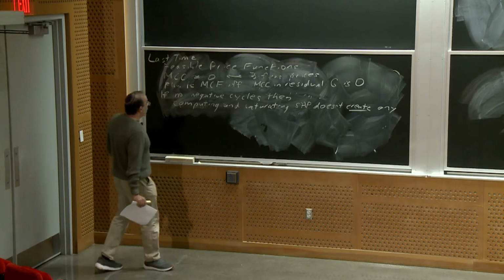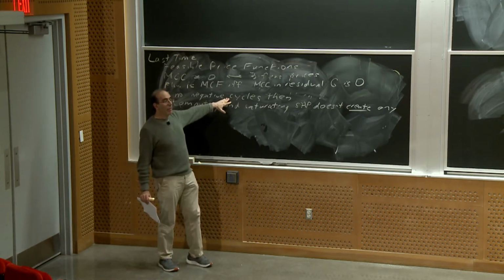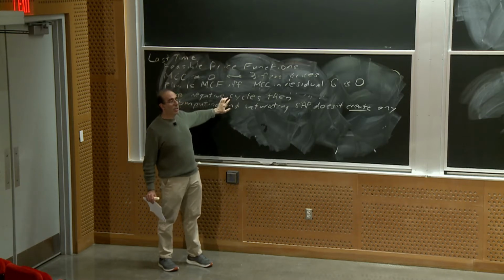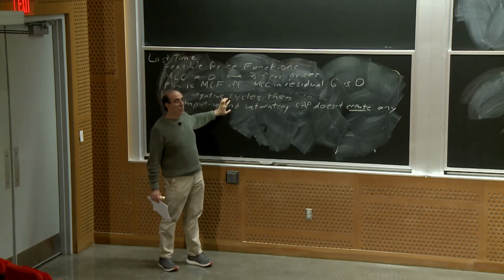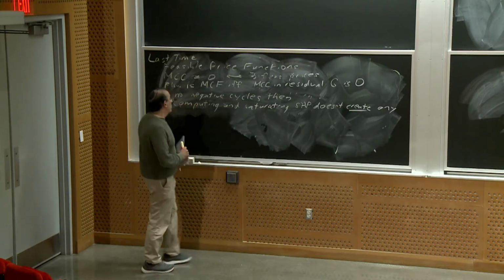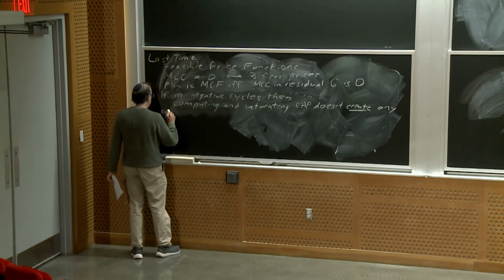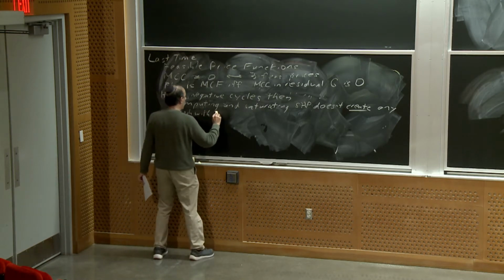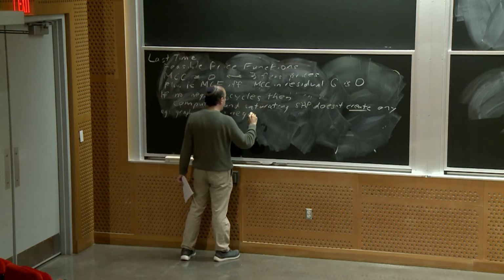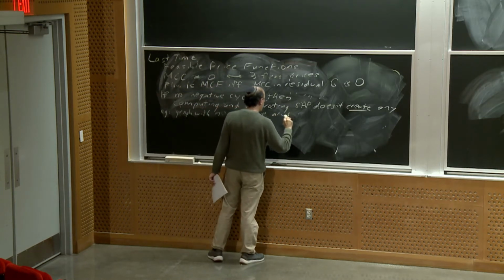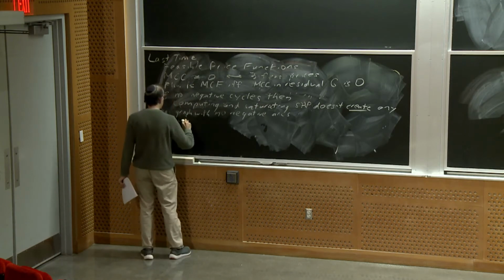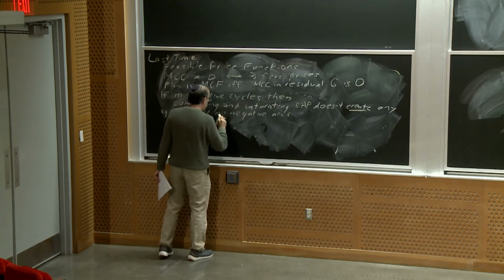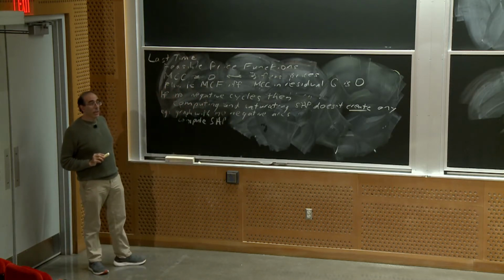So the algorithms that we started talking about last time started with an assumption that there were no negative cycles, and we preserved that assumption. So for example, if you have a graph with no negative arcs, then what you could do is compute a shortest augmenting path, which does not create any negative cycles.